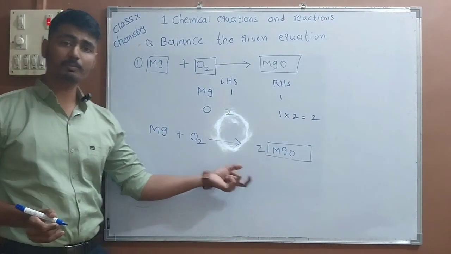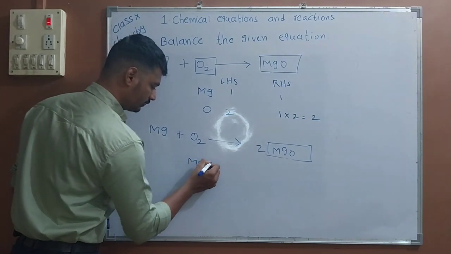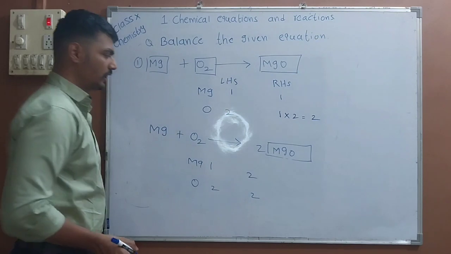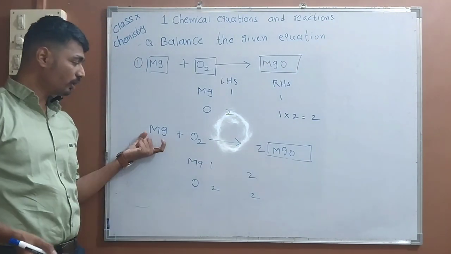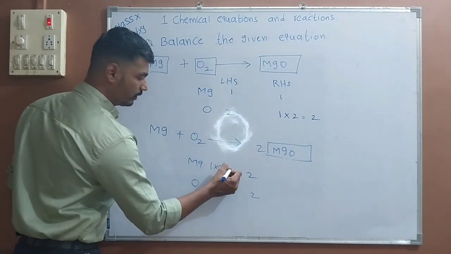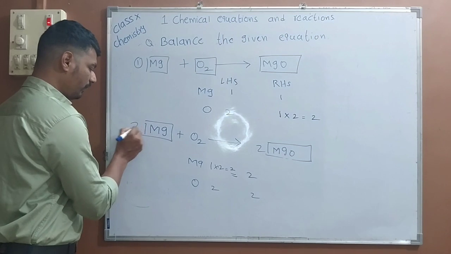Now how many magnesium atoms do we observe? Magnesium 1 on the left, 2 on the right; oxygen 2, 2. Now there are two magnesium atoms here, and I also want two magnesium atoms on the left. So I will multiply this 1 by 2 so that I get 2, and the magnesium will be multiplied by 2.